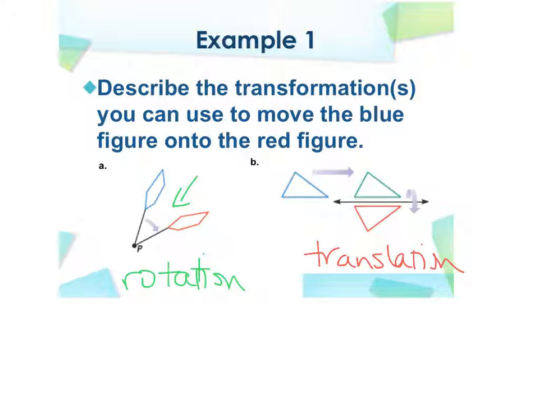And then from green to red is a reflection. So sometimes more than one transformation is going to occur in your figure. Again, remember your figure is going to stay congruent. It's going to stay the same size and the same shape.